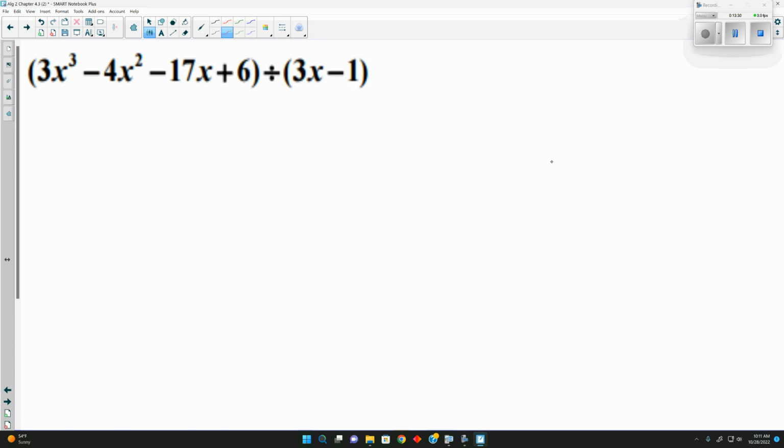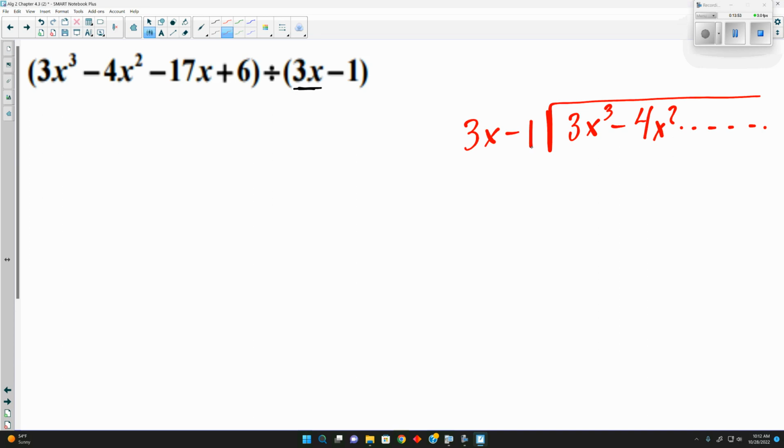Now, this one here, unlike the rest, we have 3x instead of x, yes? Well, if we look at long division, we're not going to do the whole process. 3x to the third minus 4x squared going on. And here we have 3x minus 1. Because what I want to look at is this here.